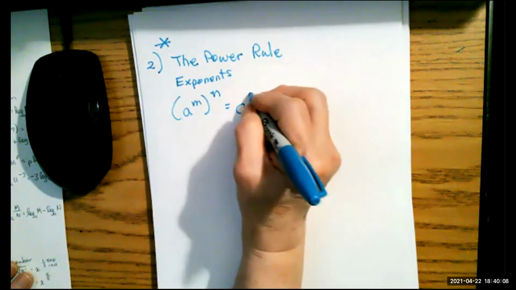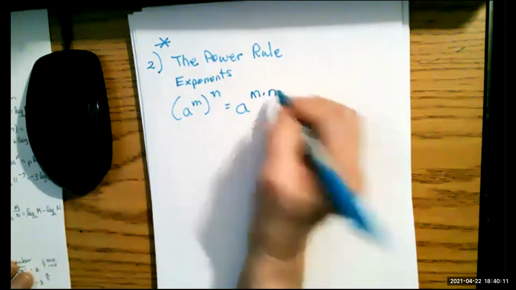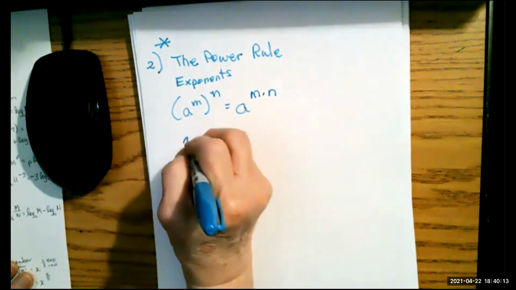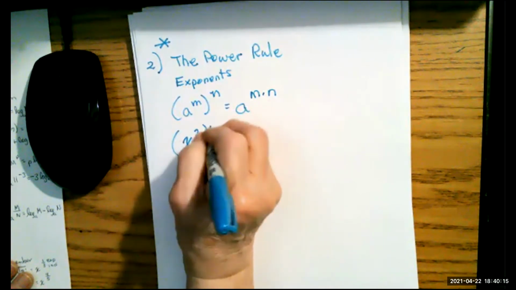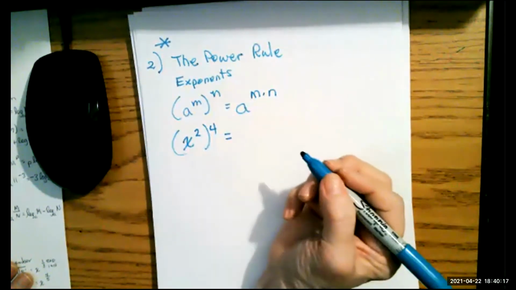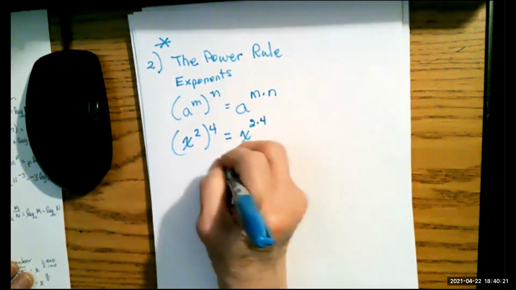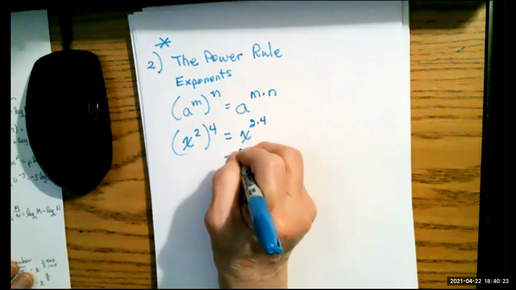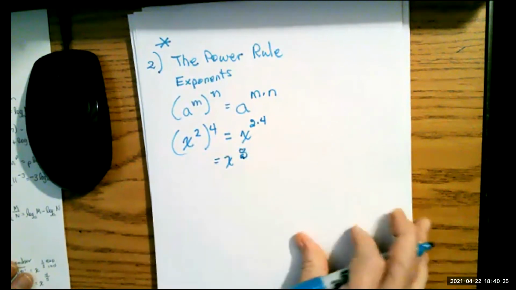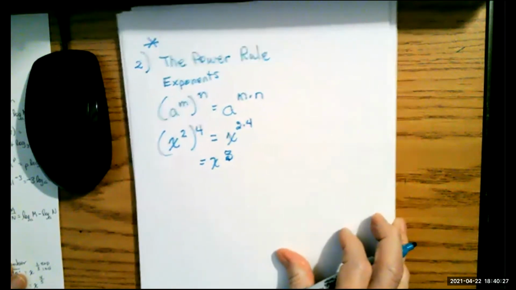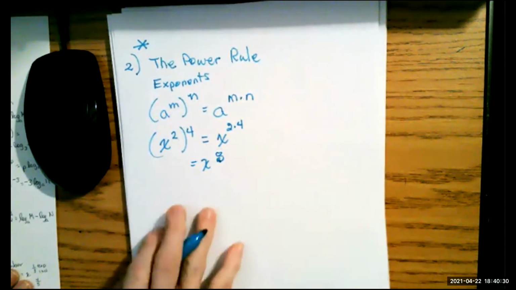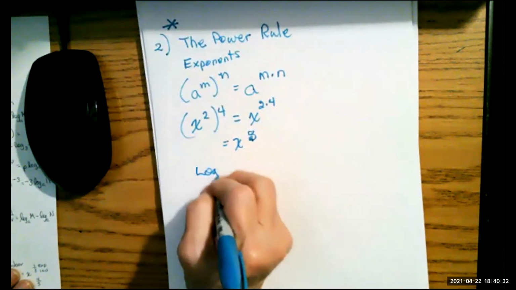You multiply them, m times n. So if we had x squared and we raise that to the 4th power, that would be x to the 2 times 4, which would be x to the 8th. Called the power rule. Okay, let's see how that works with logarithms.